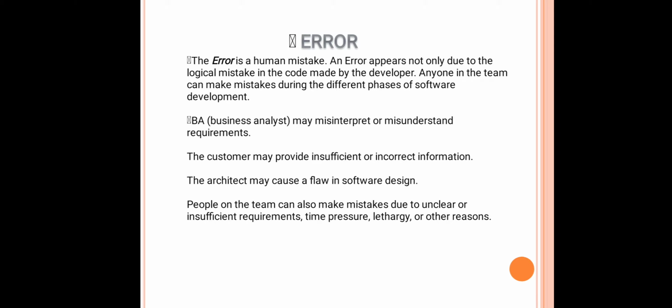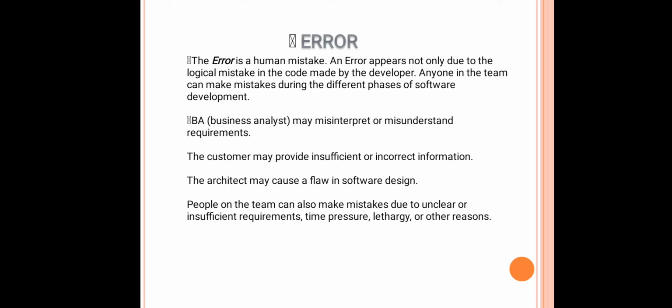In another case, the business analyst may misinterpret or misunderstand the requirements. Sometimes the customer gives the requirement as they want, but the business analyst misunderstands that requirement. Then an error occurs in that application. If the customer provides insufficient or incorrect information, then an error will occur.